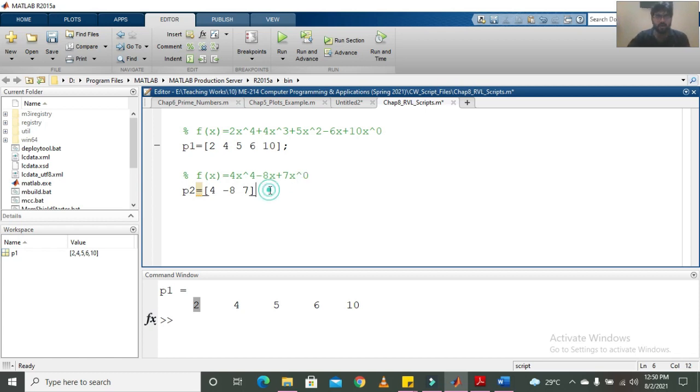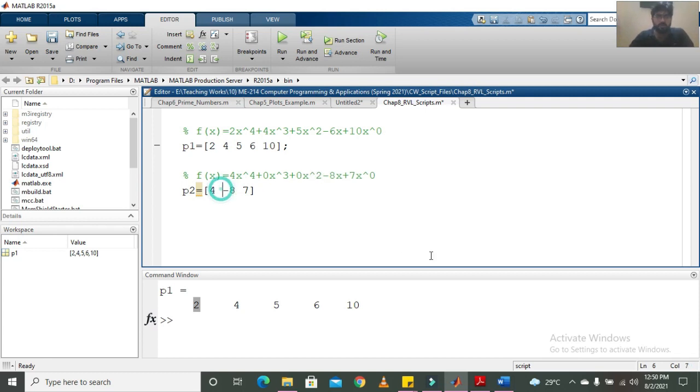So we will not write it like that. We are going to define the terms, so we will define 0 for x to the power 3 and 0 for x to the power 2.